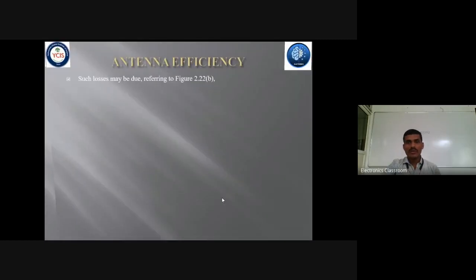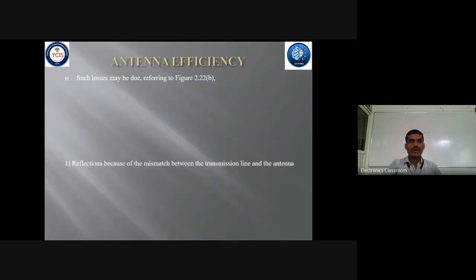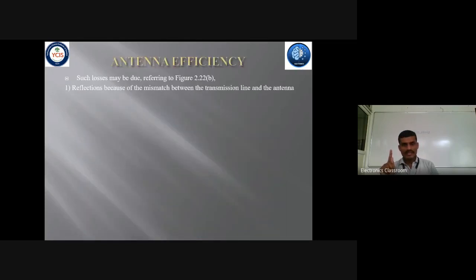Now, when we calculate the total antenna efficiency in diagram B, we have reflections because of the mismatch between transmission line and antenna.